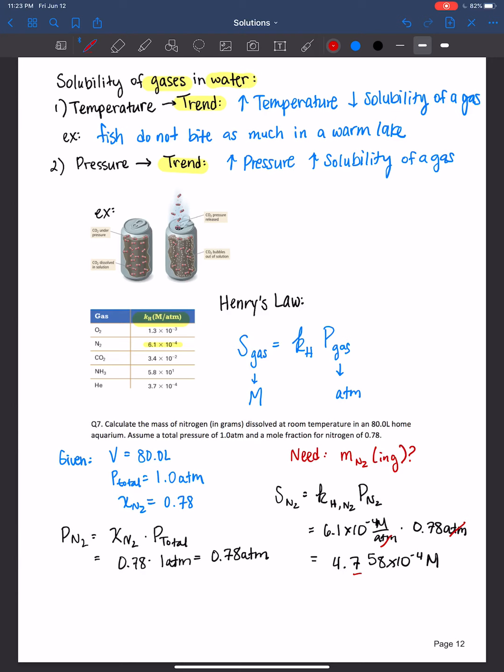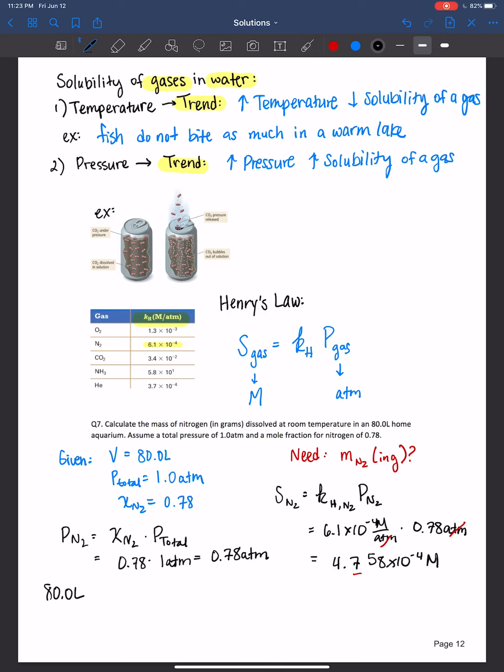We're trying to figure out the grams. We know that molarity is actually moles per liter, and we're also given that the volume is in liters. So we can use molarity as a conversion factor to help us convert from liters into moles. And once we get into moles, then that means we can figure out grams using the molar mass. So let's go ahead and start our dimensional analysis setup here.